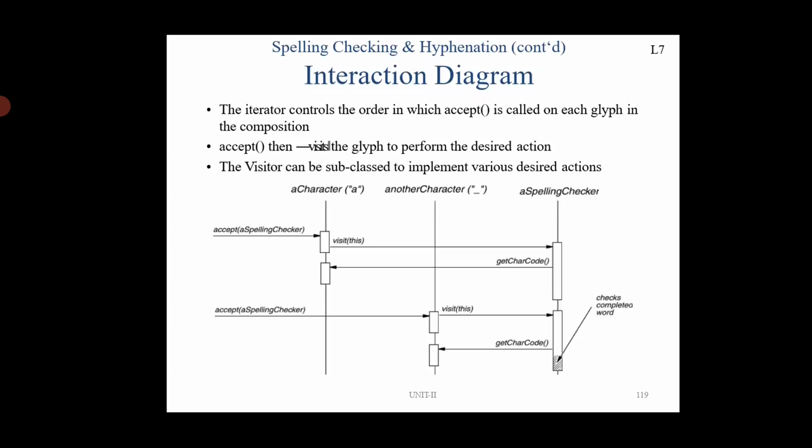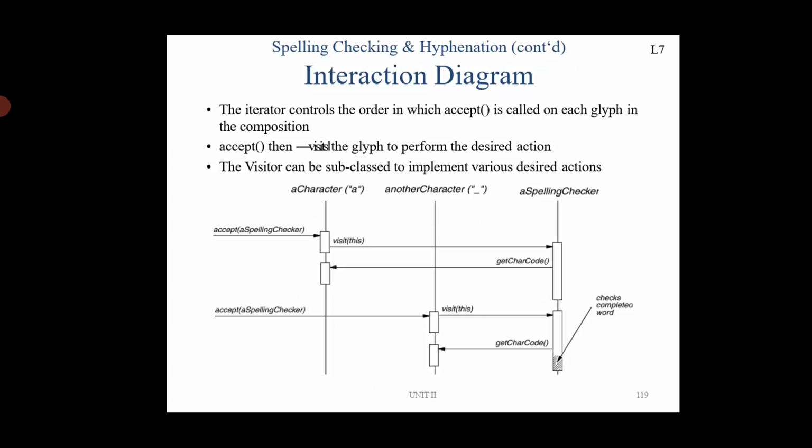Here we need to check a character, then within double quotes another character, and a spelling checker. Okay, here we can take a diagram showing how the interaction diagram illustrates how the character glyphs and the spelling checker objects work together. Look at here. First of all, we need to accept the spelling checker.